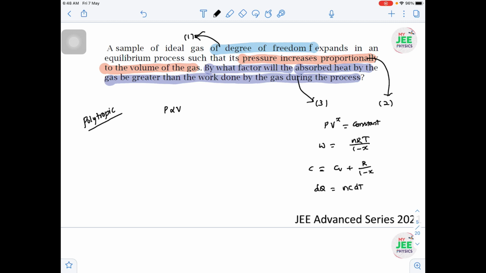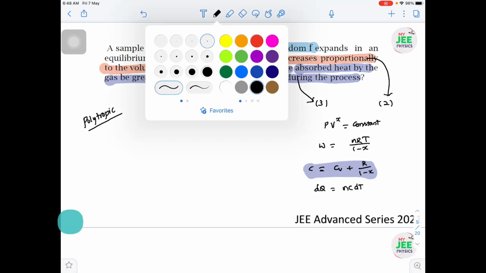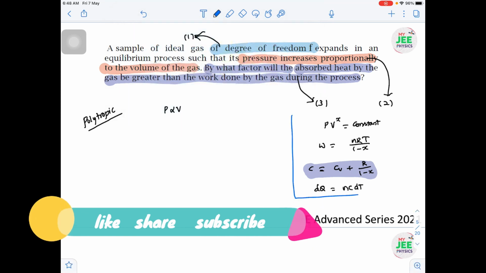For gases, as the process changes, the C value changes. You can see from this expression that C depends on x. As the x value changes, the process changes, and the C value also changes. I think this discussion is known to you. Otherwise, once revise the polytropic process.